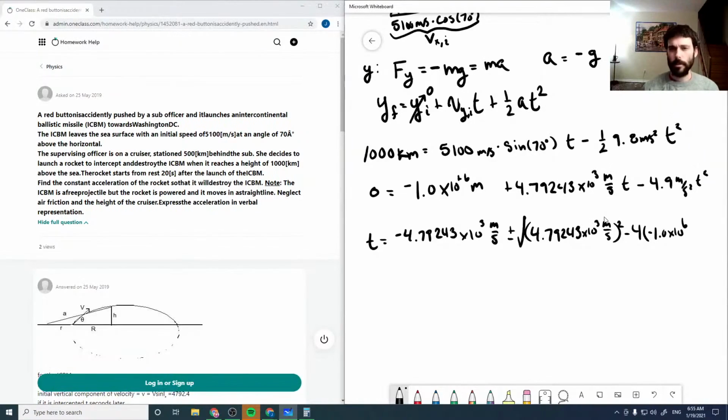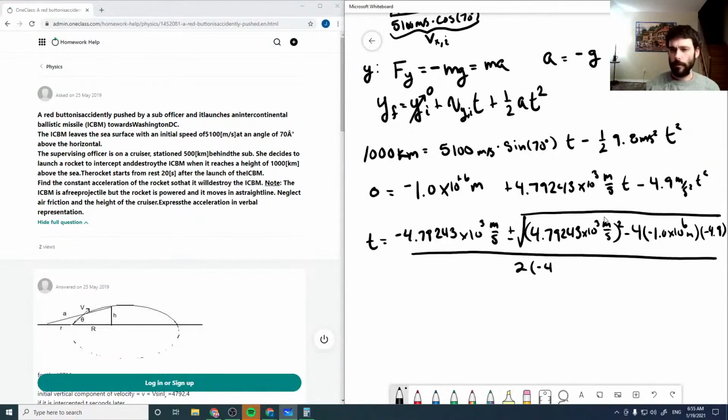That should be a plus 6, my apologies. Meters times minus 4.9, square root of all over 2 times minus 4.9 meters per second squared.